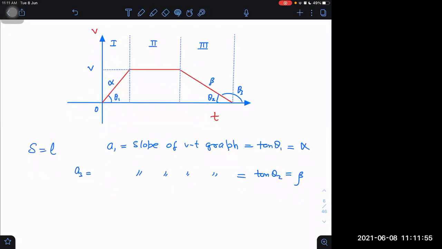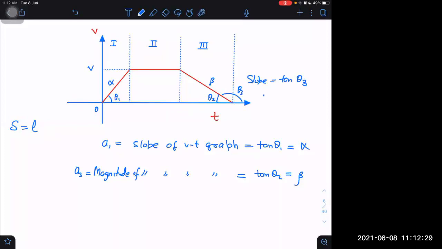Why am I writing in this way? I should write this, but for A3 I will write the magnitude of slope. The slope is equal to tan theta 3, but it is negative because tan of an obtuse angle is negative.